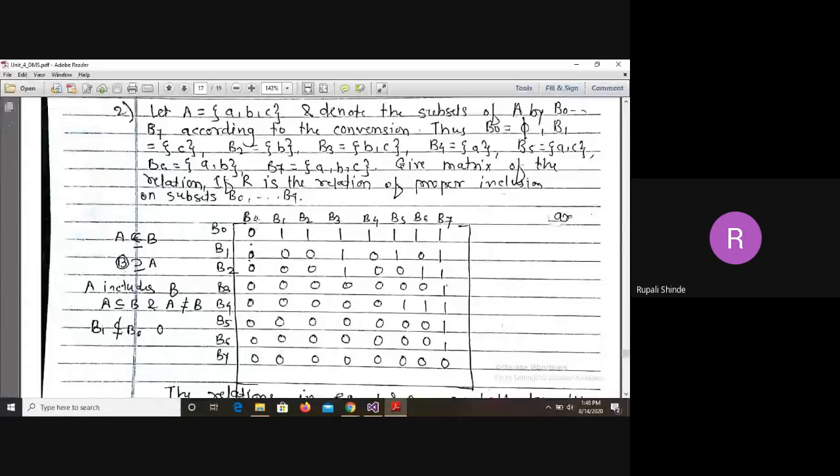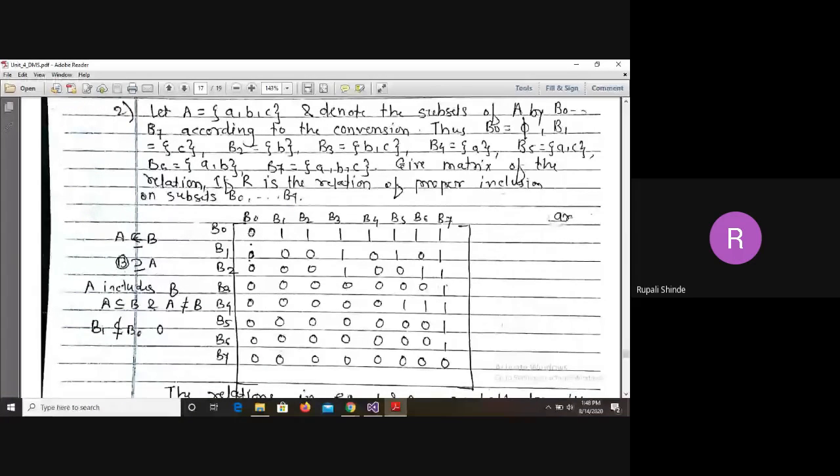So just remember why we have marked 0 for B0, B0. Because we have to apply the definition of proper subset, and according to this definition, these two sets should not be the same. But B0 is equal to B0 here. That's why we have marked 0.